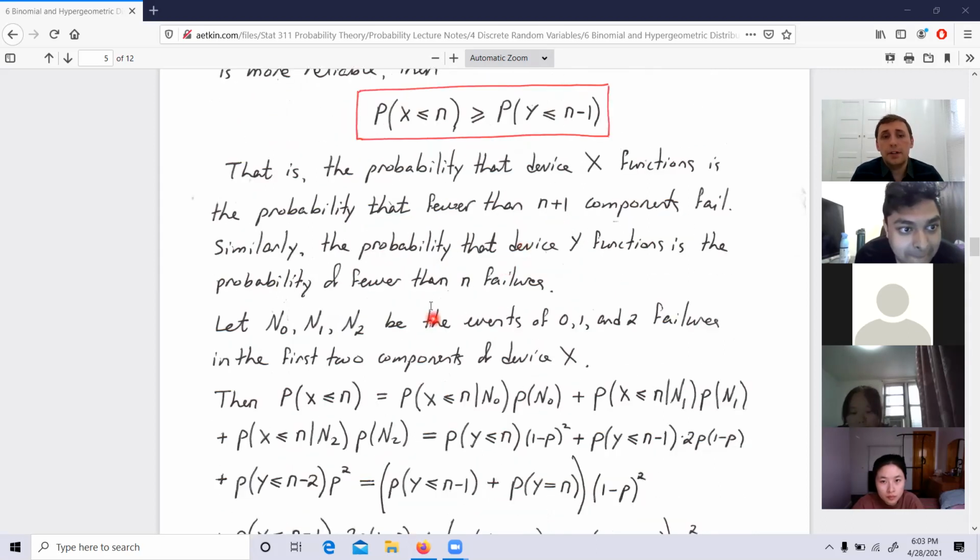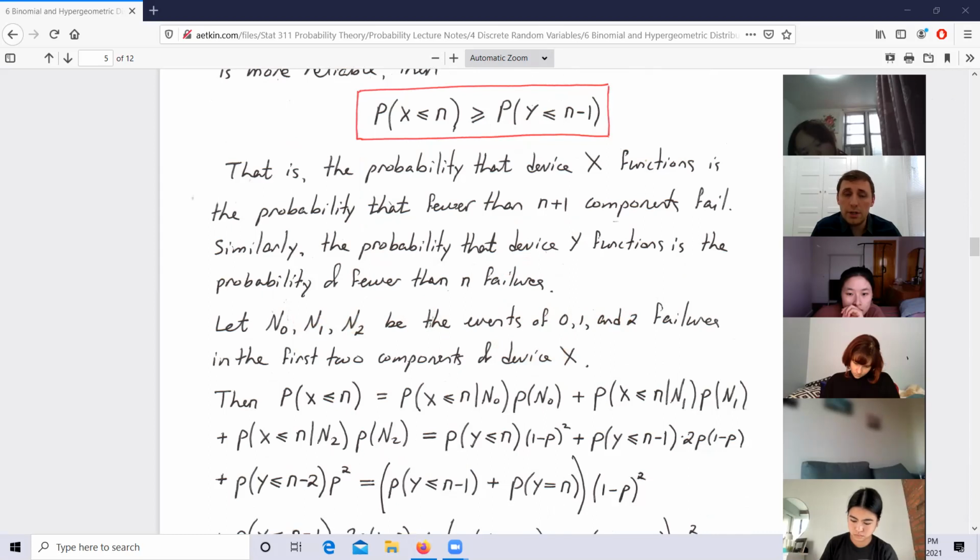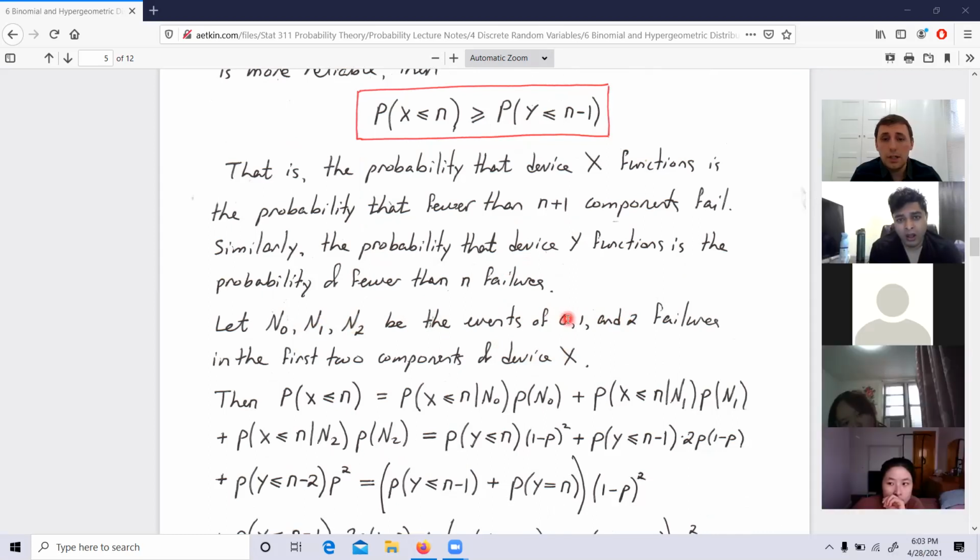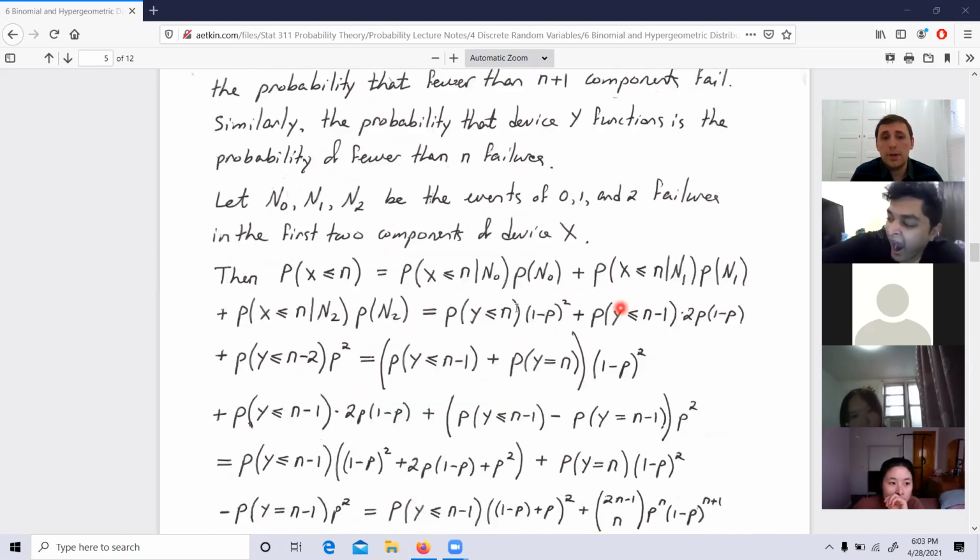So I list here N0, N1, and N2 as the events of 0, 1, and 2 failures in the first components of device X. So we label engine 1, engine 2, engine 3, all the way to engine 2n plus 1. Yes? And here I consider 0 failed, 1 failed, 2 failed.